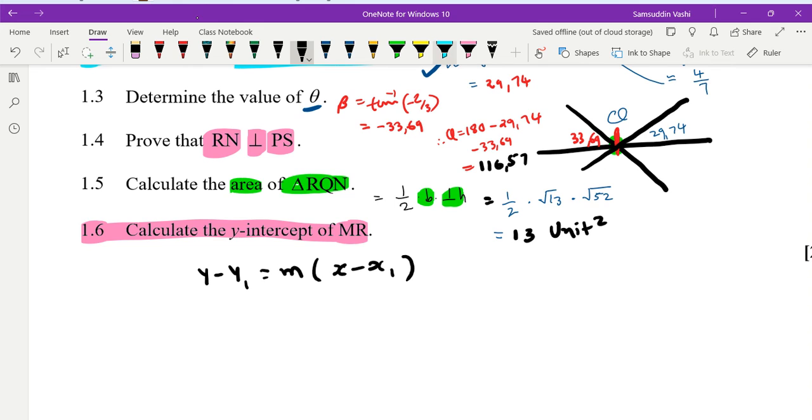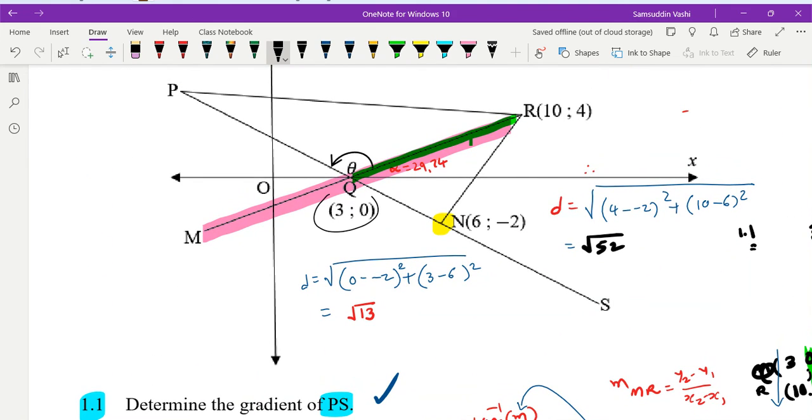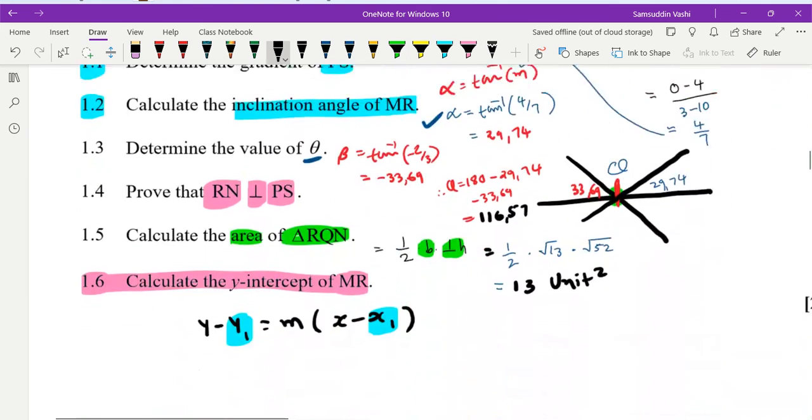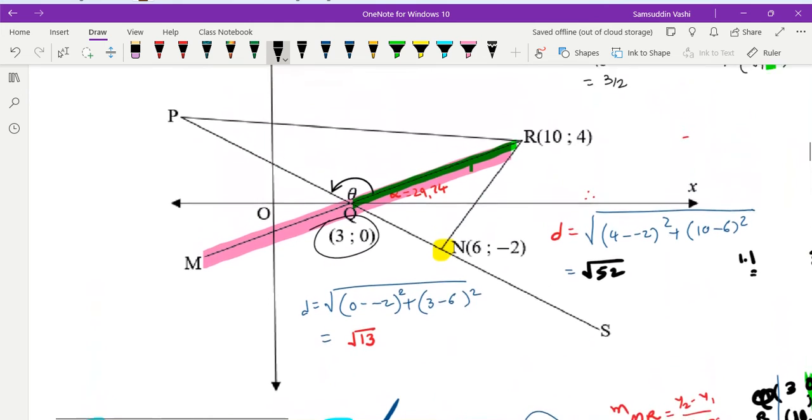So on MR, I'm looking for one point. And on MR, one easiest point is Q because one of the values is 0. So I will substitute at that point Q (3, 0) and the gradient we have for that MR. What is the gradient of that line?